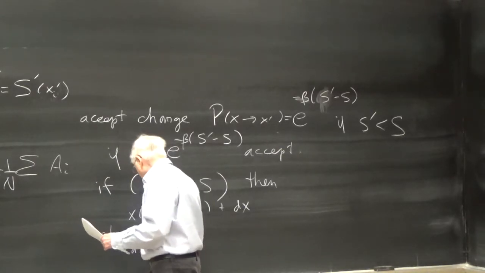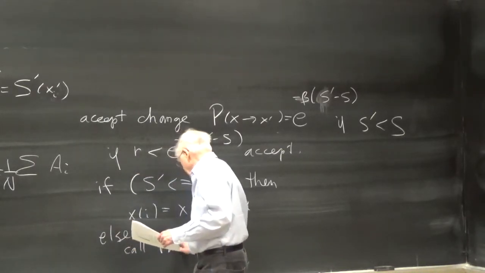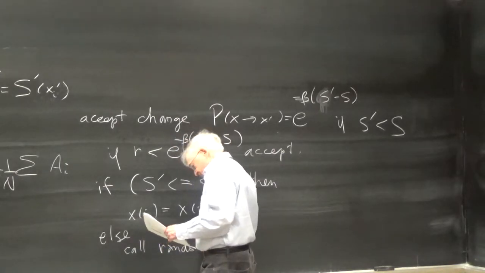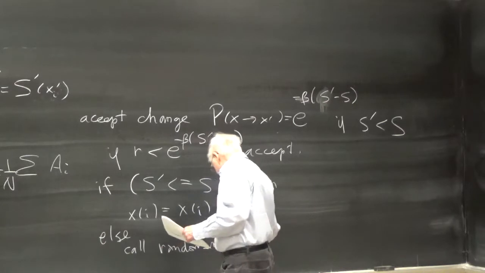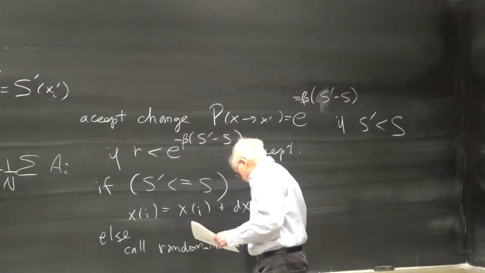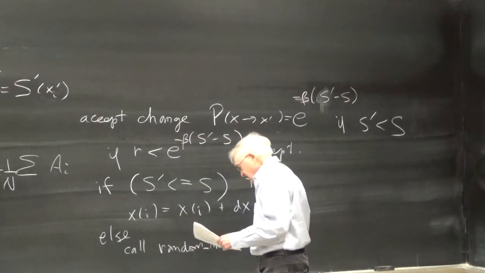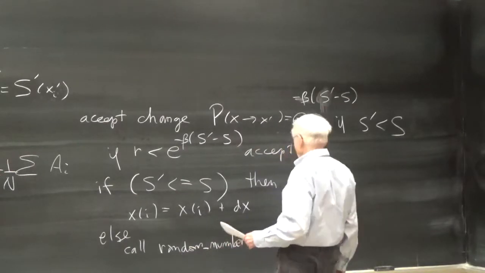So you've got to get a random number. Well, I'm sorry, I started writing too low.